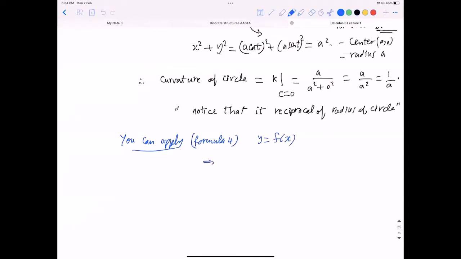Here for the circle, in case of the circle, what do we have? x square plus y square equals a square gives you y equals what? To solve for y, we get plus or minus the root of a square minus x square. So you have this circle.